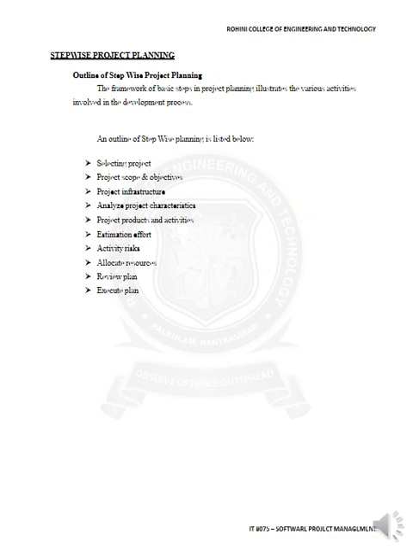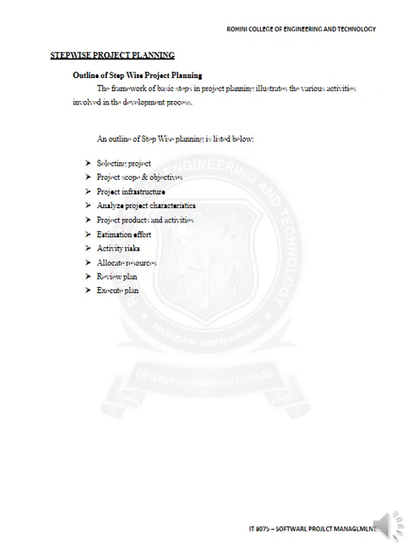Stepwise project planning. Outline of the stepwise framework of basic steps in project planning illustrates the various activities involved in the development process. First, you have to select the project. Then you have to identify the scope and objective of the project. Then you have to have the project infrastructure to carry over that.